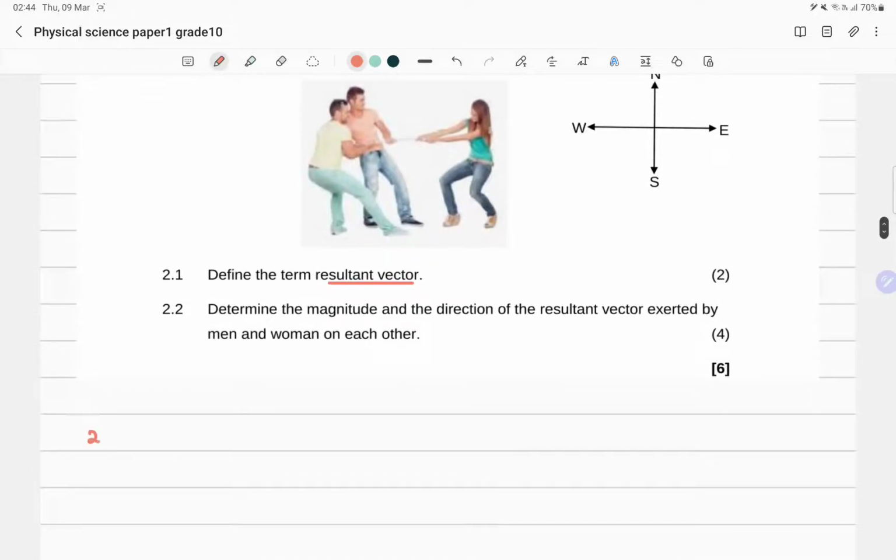So 2.1, we know that we're trying to define the word resultant vector.